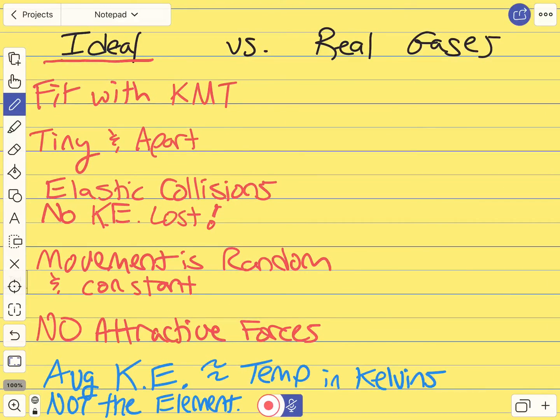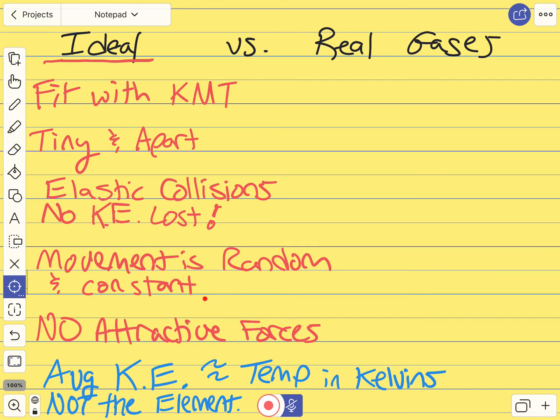Okay? So as a wrap up, ideal gas particles fit within the kinetic molecular theory, which we're going to talk about next. They're tiny, they're really far apart, but what happens if they do collide? Well, if they collide, it's like a pool table, a billiard ball. They just bounce right off of each other. No kinetic energy is lost. Okay? The movement is completely random and constant.